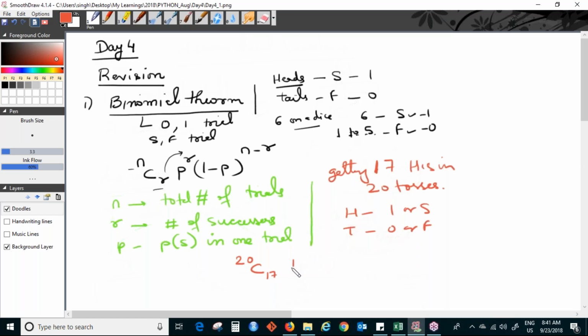What is the probability of heads in one trial? It is 50%. So this will be (1/2) to the power 17, and then you have 1 minus 1/2, which is also 1/2, to the power 3. This is the probability of getting 17 heads when you toss a coin 20 times. This we get from the binomial theorem.